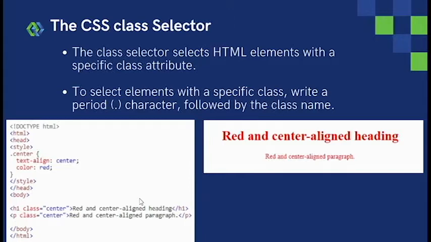So what is the difference between ID and class? An ID is a unique name, so it can only be used once, while the class selects HTML elements with a specific class, and it can be used on different elements in your HTML.